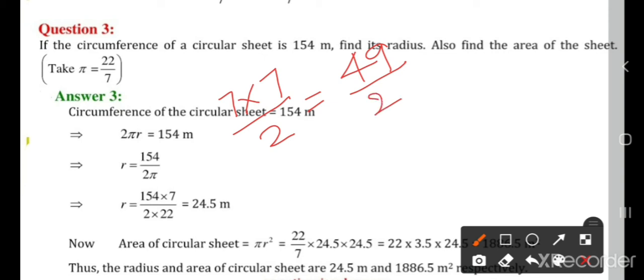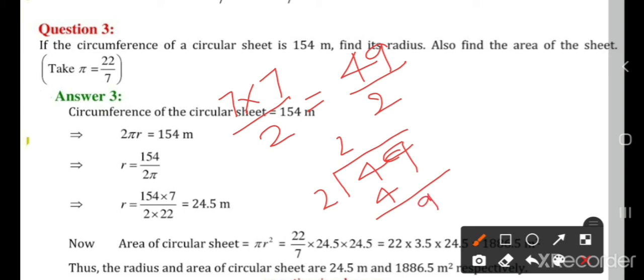This one we will divide and check. 49 divided by 2: 2 twos are 4. Then 9 comes down. 2 fours are 8, 1 balance. It will not go, so put a point, sorry, put a point 0. 2 fives are 10.